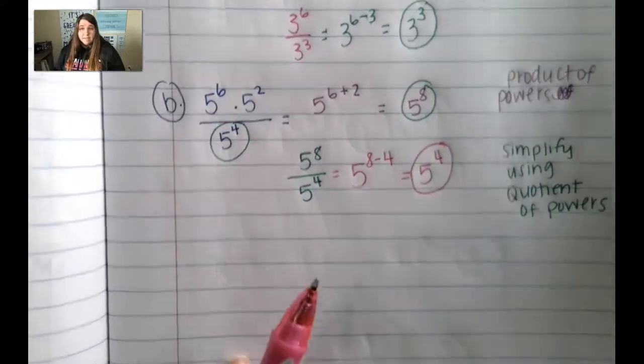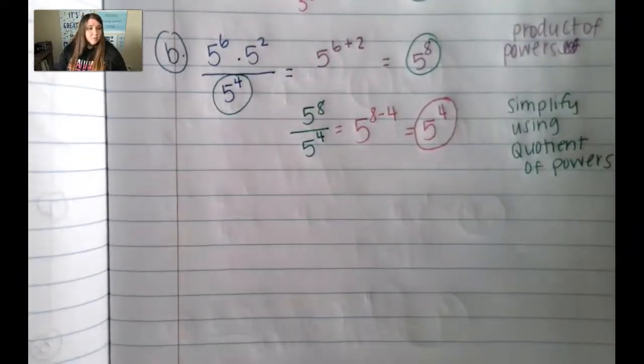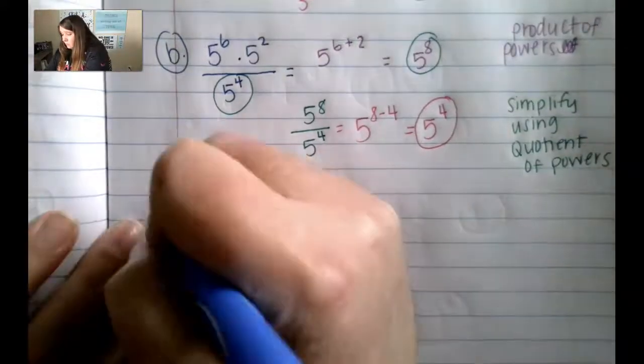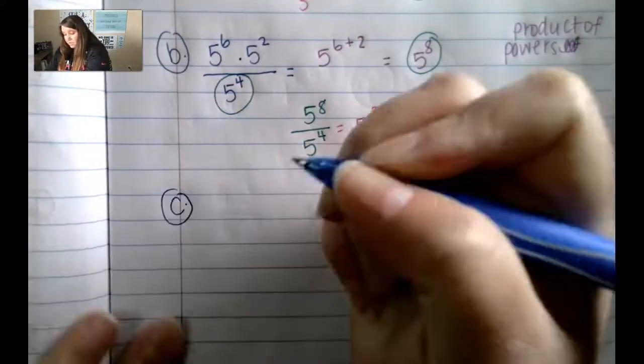Okay? All right, let's do another example. And in this example, we're going to have a double type of multiplication property thing going on here.